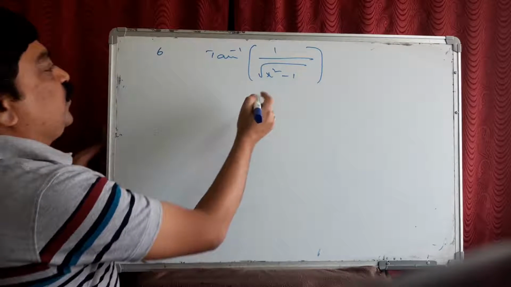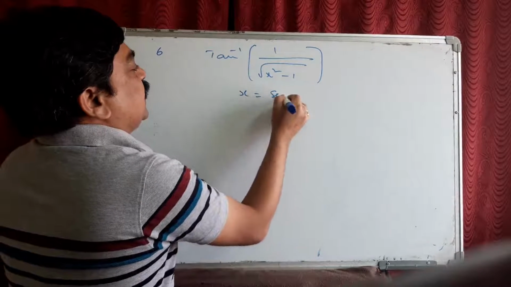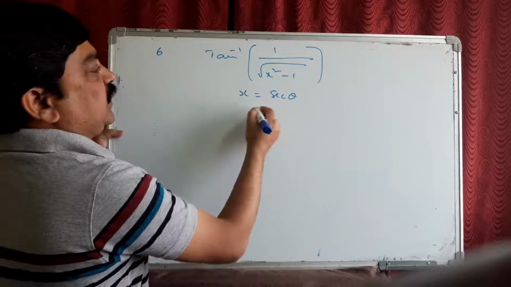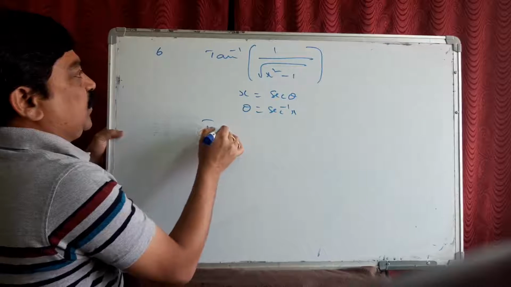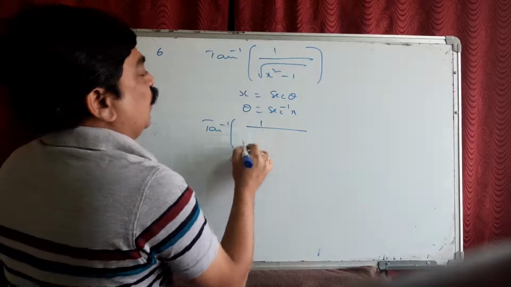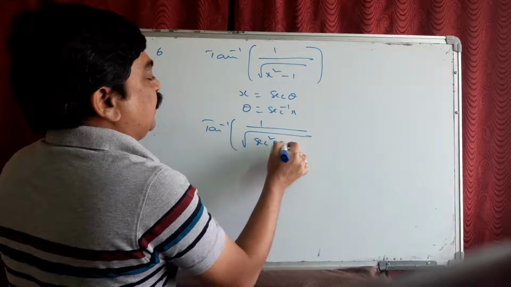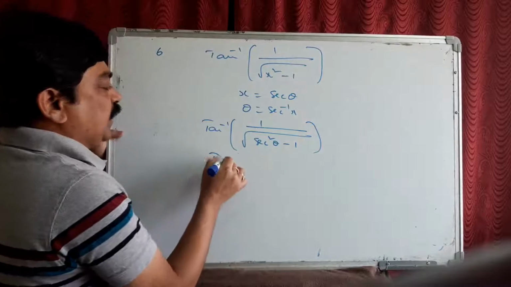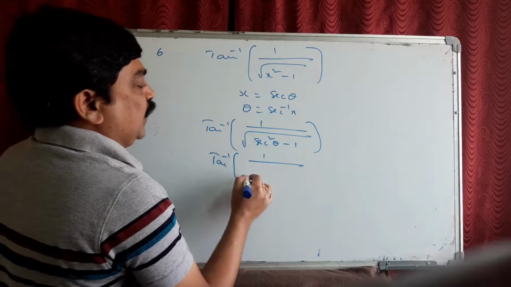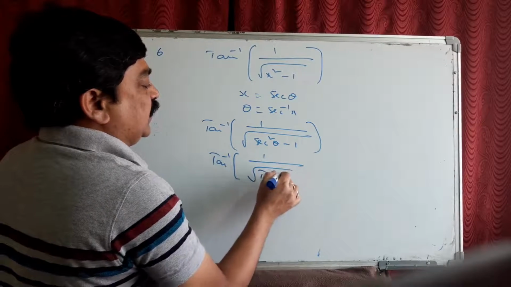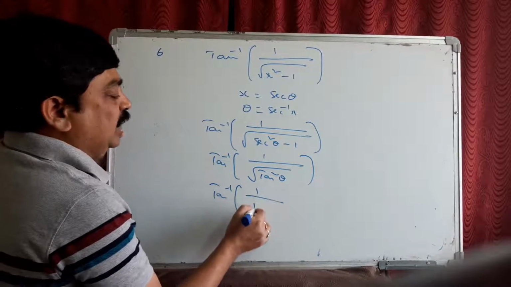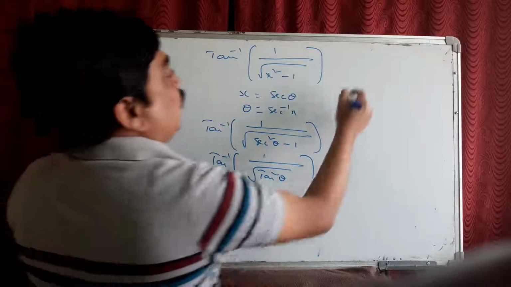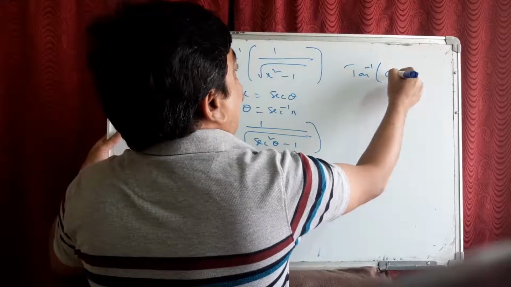I told you when it is x square minus 1, you can take x as secant theta or cosecant theta. I take secant theta. Theta is secant inverse x. So it becomes tan inverse of 1 by root of secant square theta minus 1, which is tan inverse of 1 by root of tan square theta, so tan inverse of 1 by tan theta. It becomes tan inverse of cot theta.